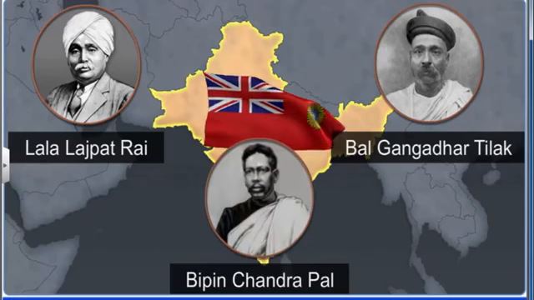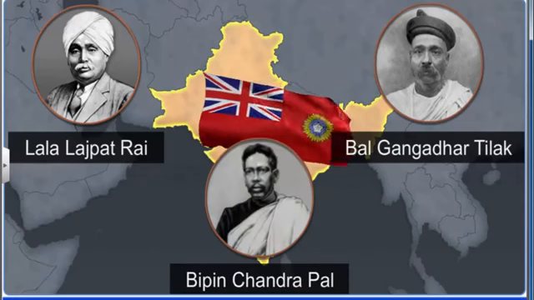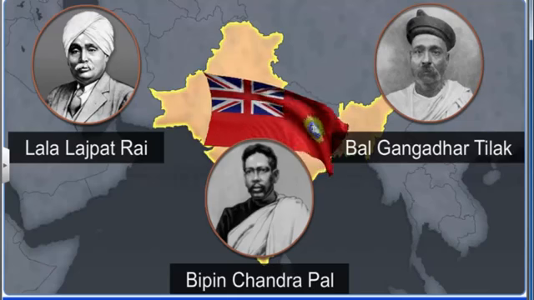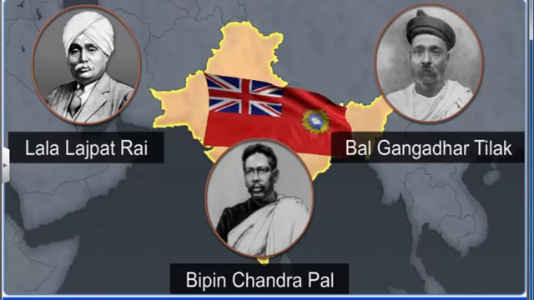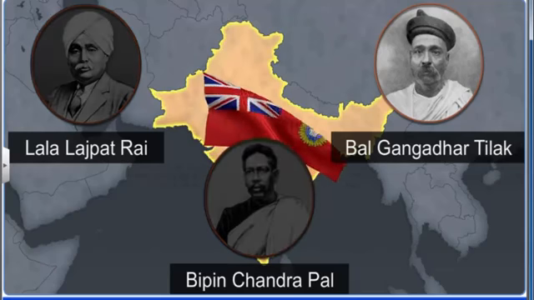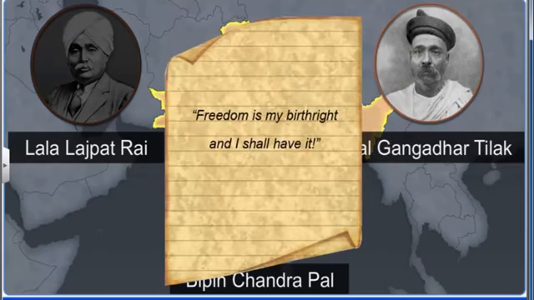These leaders believed in self-reliance rather than waiting for the British government to understand the needs of the Indians. Tilak also raised the famous slogan, "Freedom is my birthright, and I shall have it."